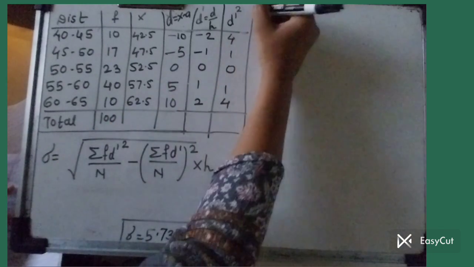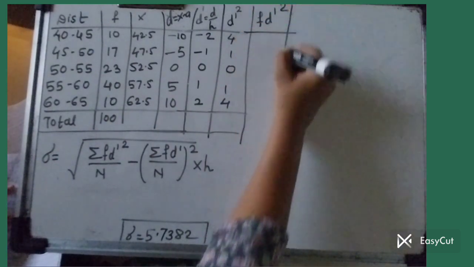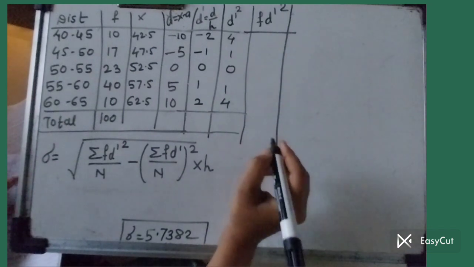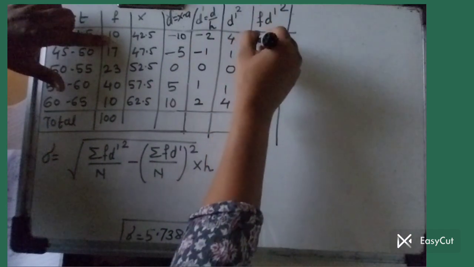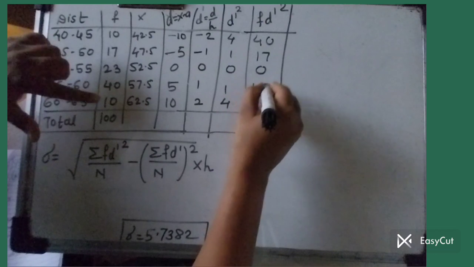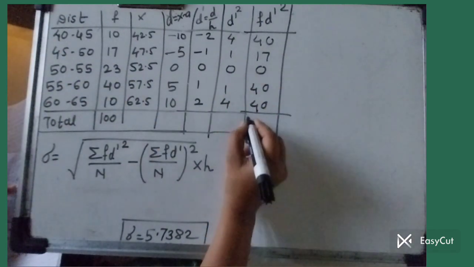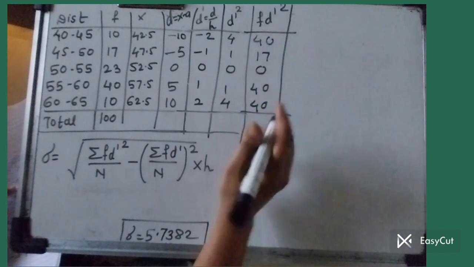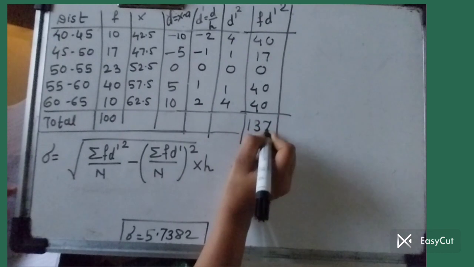In the formula we required f d dash square. So f into d dash square. So it is 40, 17, 0, 40, again 40. We required here summation, total of this. So it is 137.